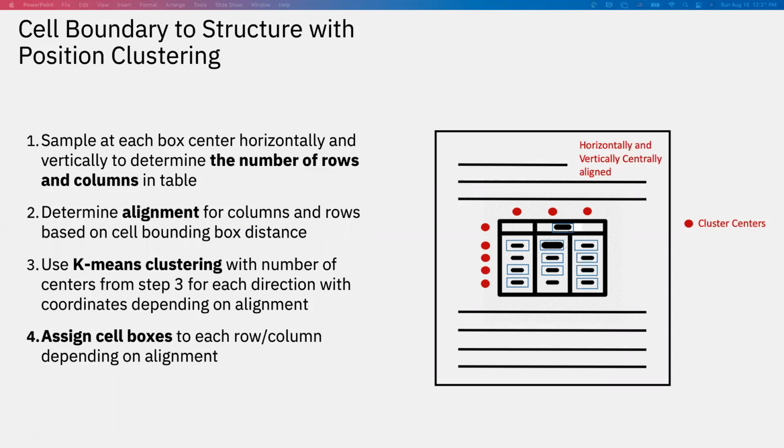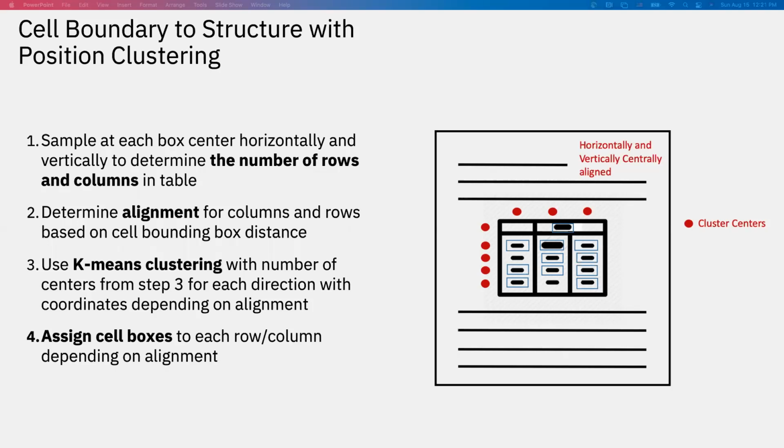On the high level, the clustering we do is that we sample at each box center horizontally and vertically to decide the number of rows and columns in the table. And then we also decide alignment for columns and rows based on cell bounding box distance.